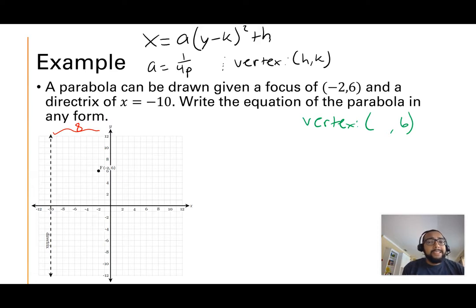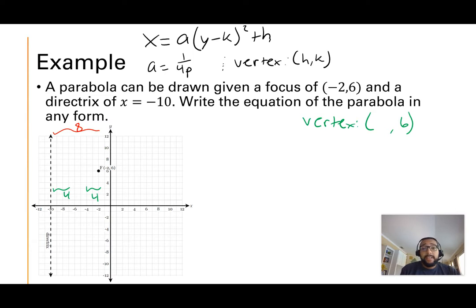How do we find the x? Well, remember, the vertex is straight in the middle between the focus and directrix. So since that total distance is 8, the vertex will be 4 away from the focus or from the directrix. It's going to be in the middle of them. So I can either count 4 units away from the directrix or 4 units away from the focus.